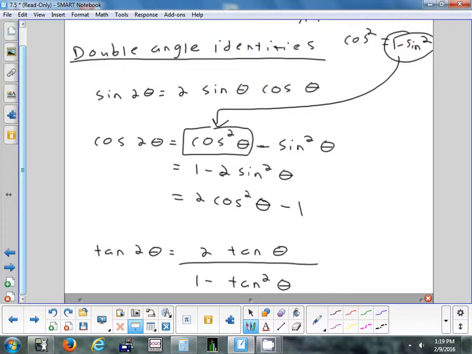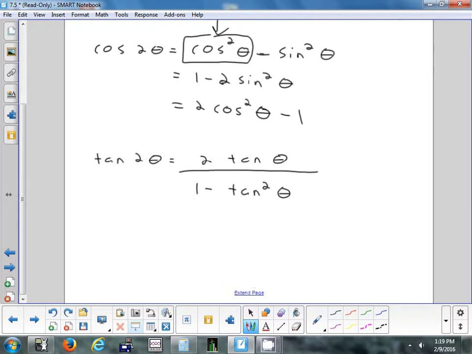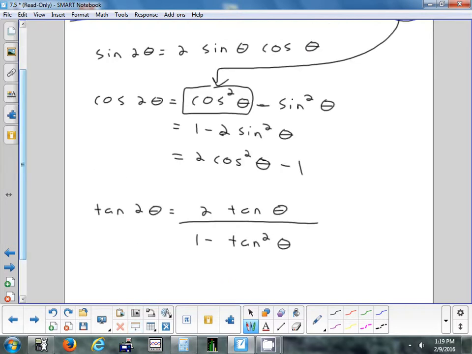That's your only double angle formula for tangent. I can't think of any problems where we're really going to be using this one. In the next 2 examples, I will use the sine and the cosine one. Also at this point, we're not deriving any of these.